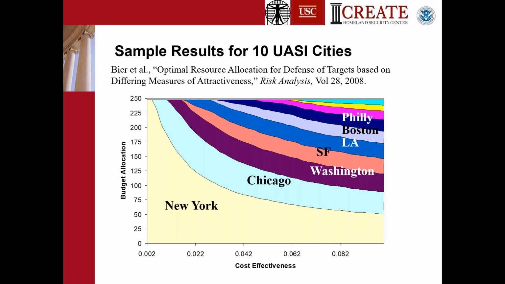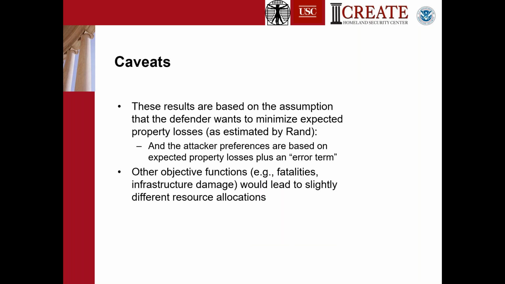So this gives an illustration of the kind of results that can be achieved with game theory. And what do we learn from this?